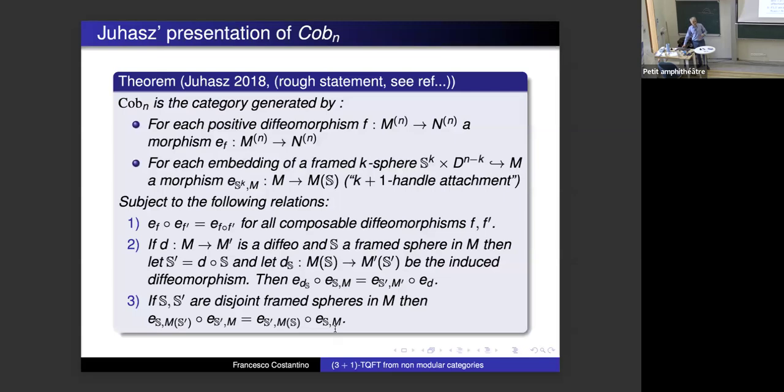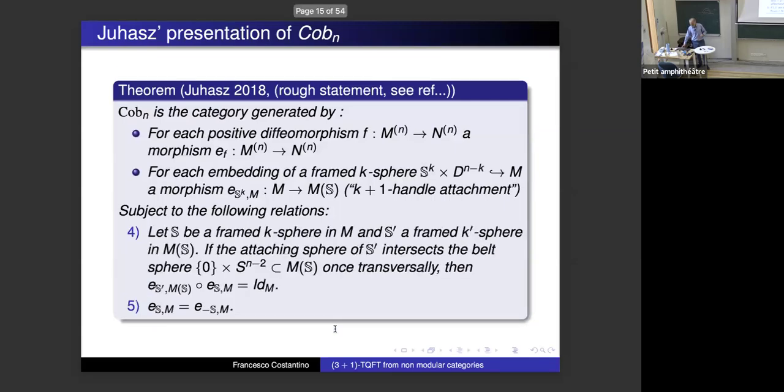Stop me if I'm going too fast or being too sloppy. The most important one is the fourth. The fourth has already shown up in Anna's talk: the fact that there could be handles which cancel each other. Let me show you a concrete example. Suppose we are in dimension n equals 2.